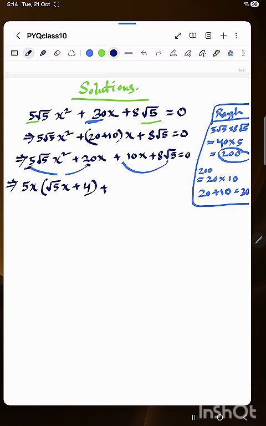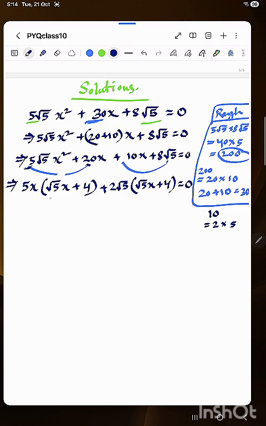Now from 10 and 8 root 5, 10 means 2 into 5, so 2 I can take common, and also root 5 I can take common. So 2 root 5 I can take common. Then here root 5 x is left, plus root 5 I have taken common from 8 root 5, and also 2 is taken common, so it will be 4.